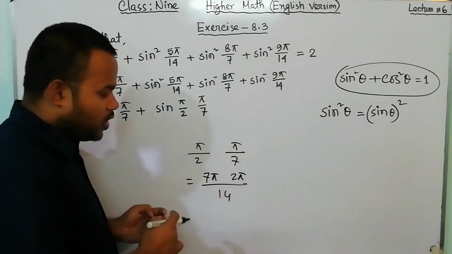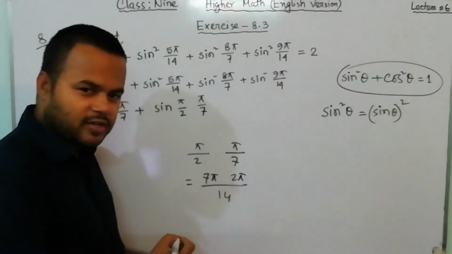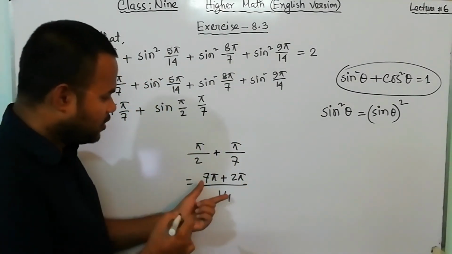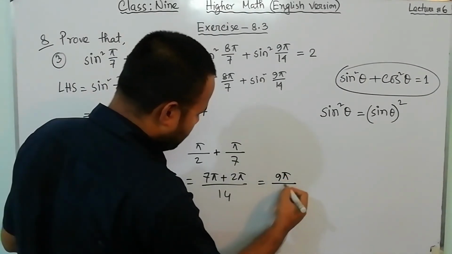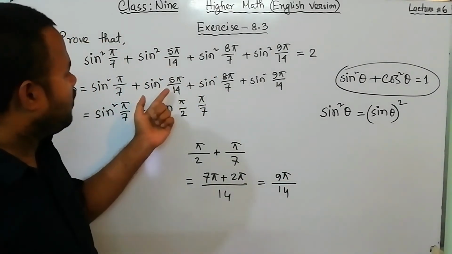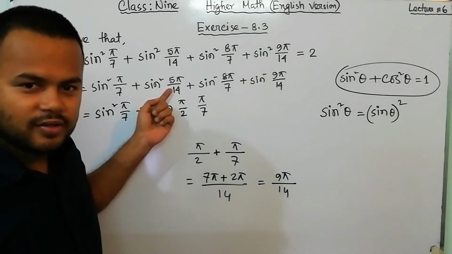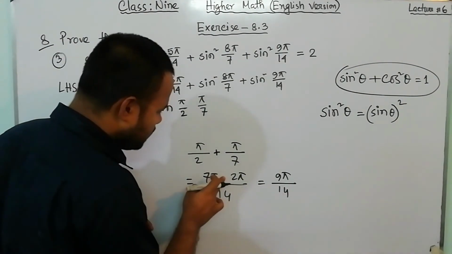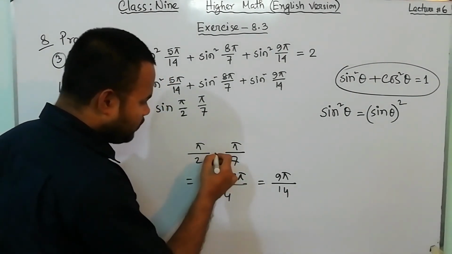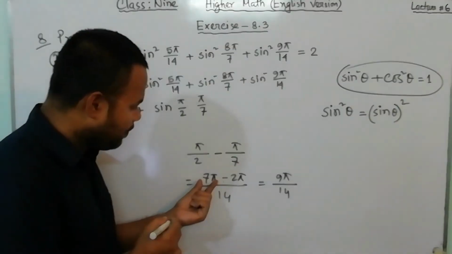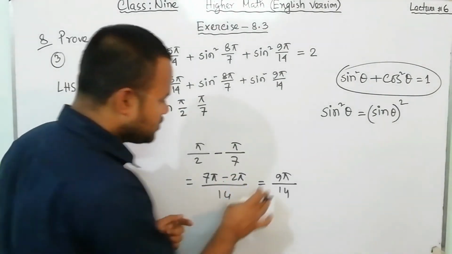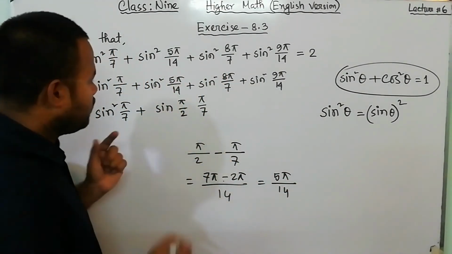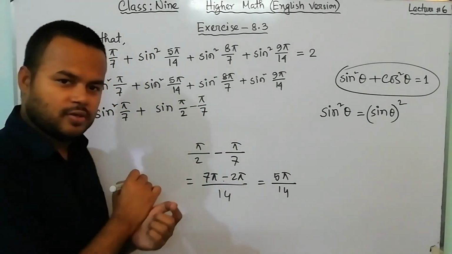So whether we should put plus or minus here: if we put plus here, then we have to put plus here, and the result is 9π/14. But we have only 5π/14. But if we put minus here, then we have to put minus here. Then we have 7π minus 2π, that is 5π, which is our required result. Okay, now here we have to put minus.